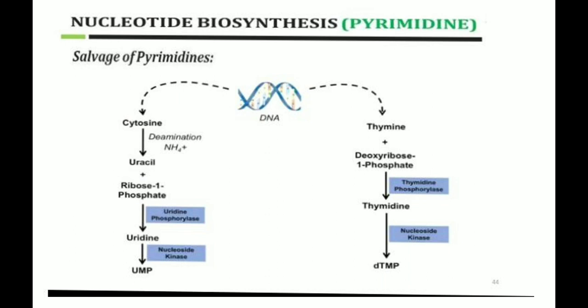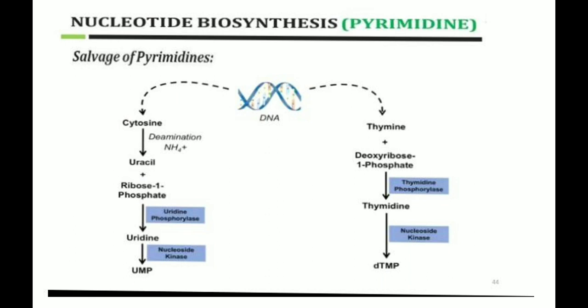Okay, and then thymine, when it reacts with deoxyribose 1-phosphate, forms thymidine, and the enzyme which catalyzes that reaction is thymidine phosphorylase. Then that thymidine is converted into TMP by the enzyme nucleoside kinase.